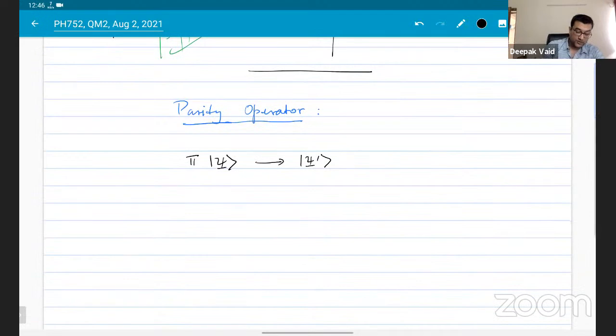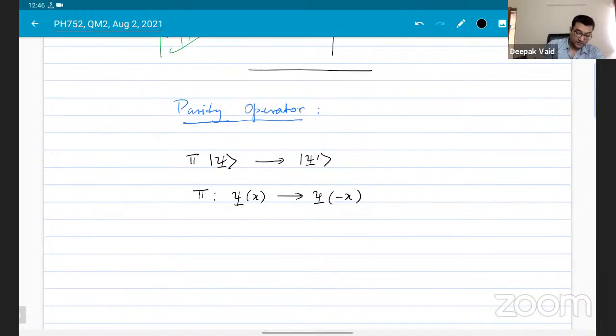So how should the parity operator act on a state? Well, the parity operator, if you act on psi of x, should give you psi of minus x. Now you can see that if you act twice, let's say you apply pi squared, what do you get?